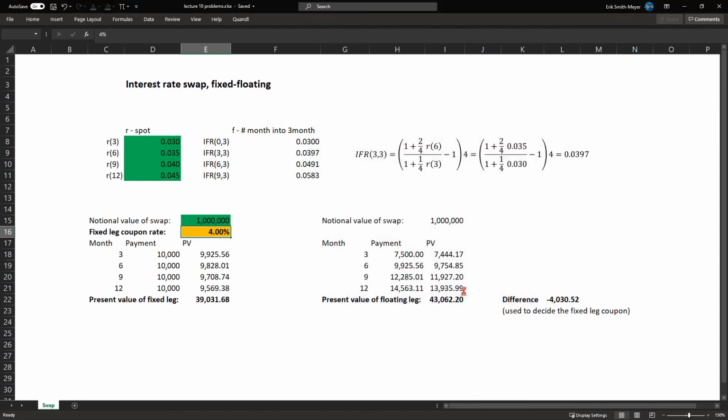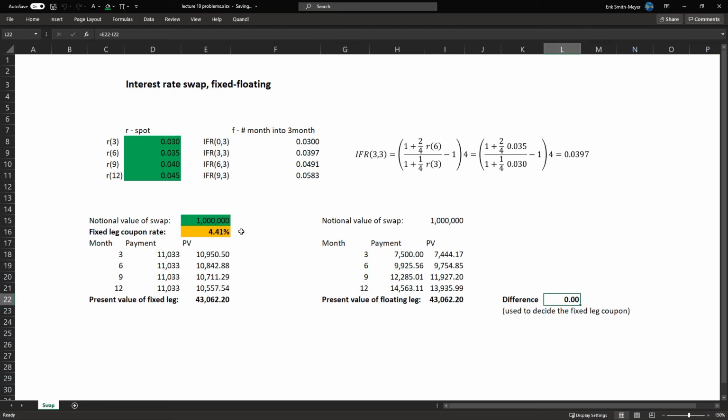If we solve, we get a coupon rate of 4.41%, and we see that the present value of the fixed leg, with a coupon payment per period of 11,033, is exactly equal to the present value of the floating leg. So the difference is 0. Now we have found the correct coupon rate for this interest rate swap.